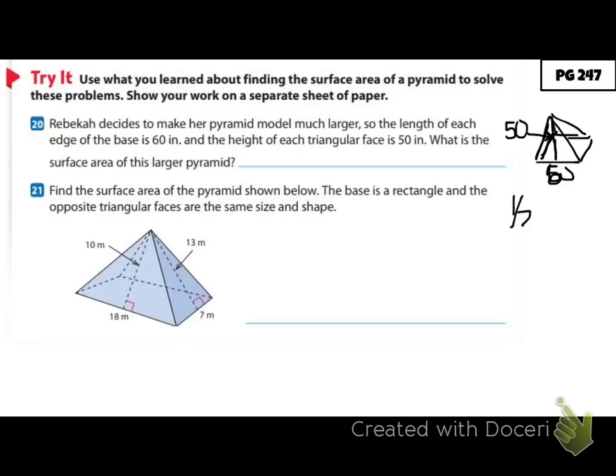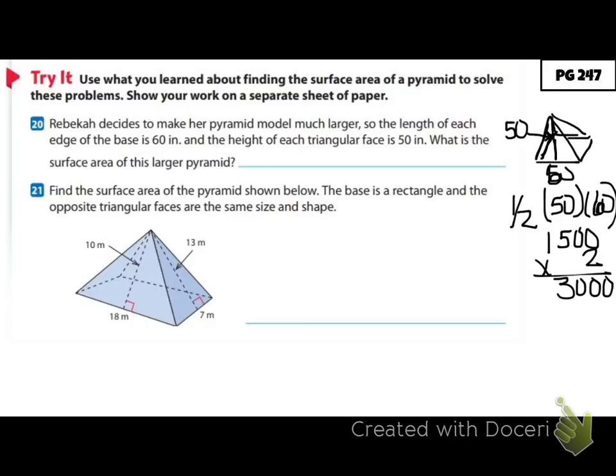Well, we would take 1/2 times 50 times 60. And when we multiply that out, we'd get 1,500, because half of 60 is 30, and 30 times 50 is 1,500. And then we'd multiply that by 2, which gives us 3,000.